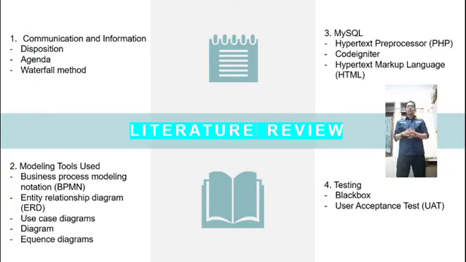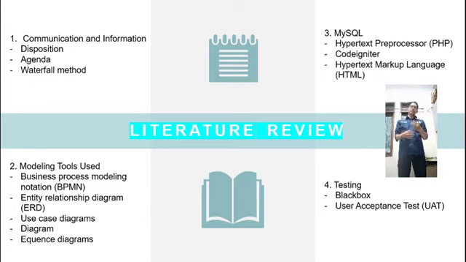Next, we have the literature review. For this aspect, we have four points. First, communication and information, which covers disposition, agenda, and the waterfall method like I said before. Second is modeling tools that use business process modeling notation or BPMN, entity relationship diagram or ERD, use case diagram, and sequence diagram.